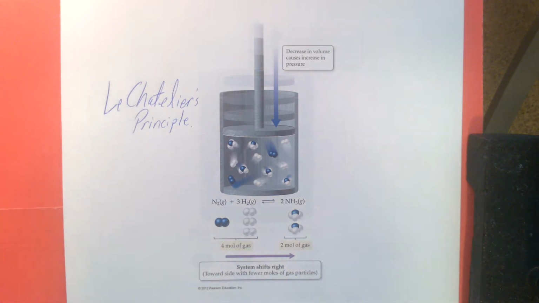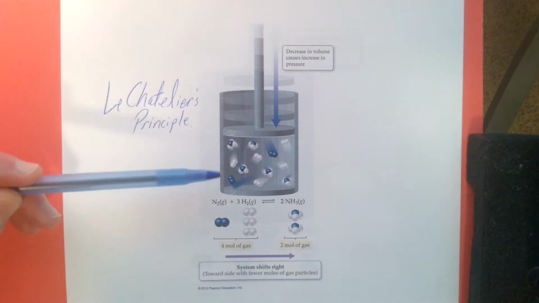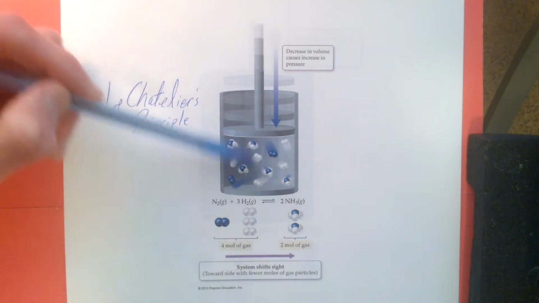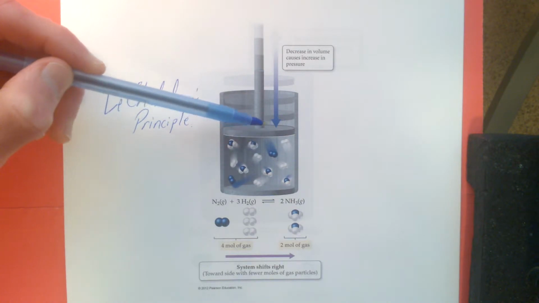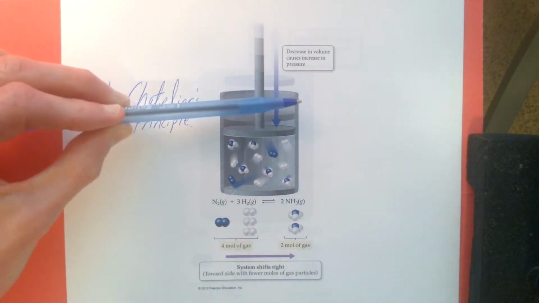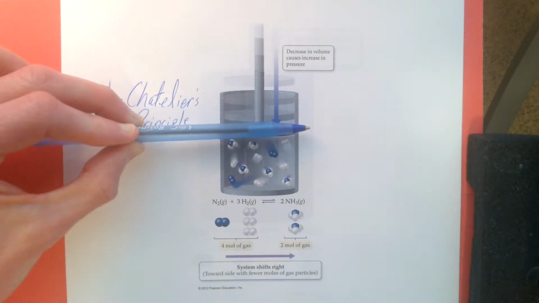Now, gases are constantly moving, and their velocity and kinetic energy depend upon temperature. As we change the volume of the piston cylinder here by decreasing the volume, we're giving it a smaller space to occupy.